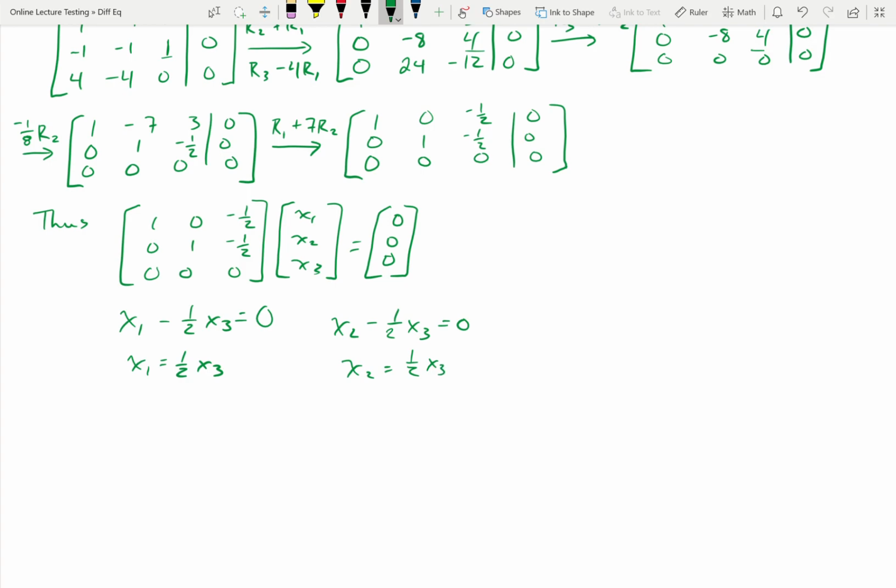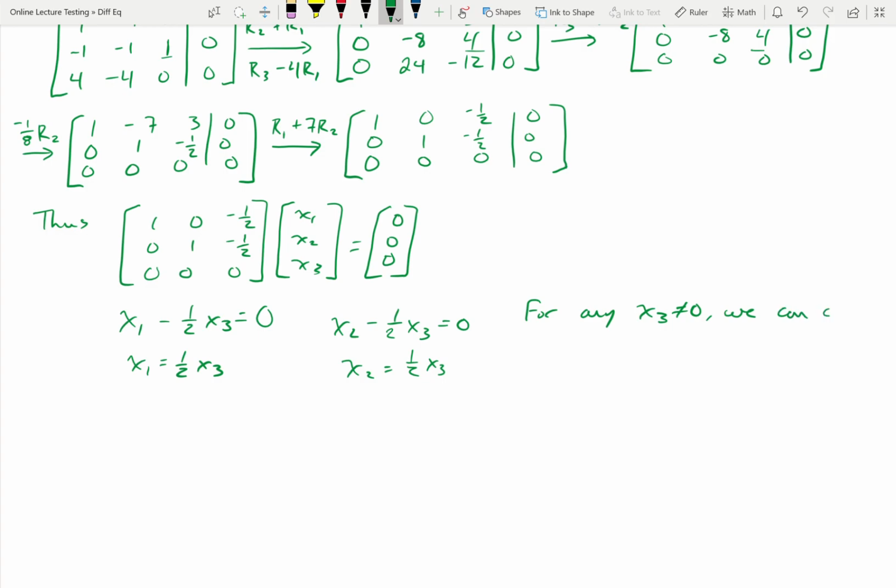What this means then is for any x3 not equal to 0, because if I let x3 equal 0, that means x1 and x2 also have to be 0, which gives us a 0 solution, which we cannot have. So we need to choose something that's not 0.